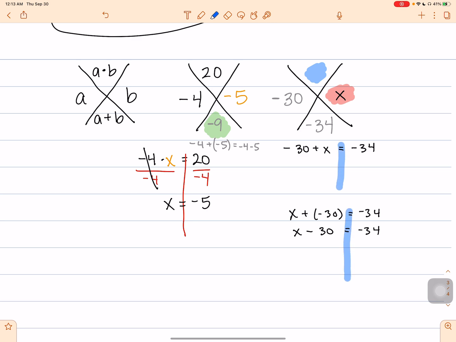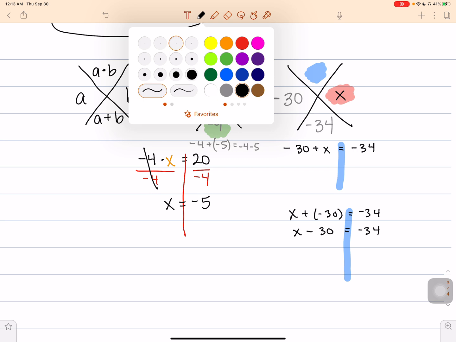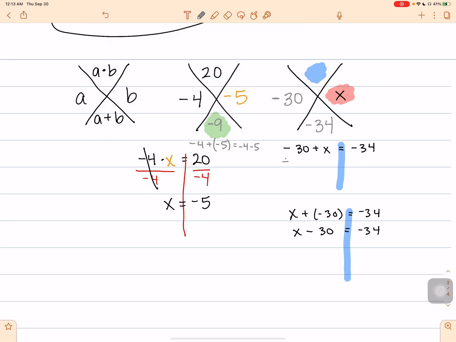So to solve for X, I'm going to add this 30 to both sides, because I'm trying to keep X by itself. -34 plus 30 is -4. So X equals -4. And you would get the same thing if you wrote it with the X term first. You add 30 to both sides. We get X equals -4.